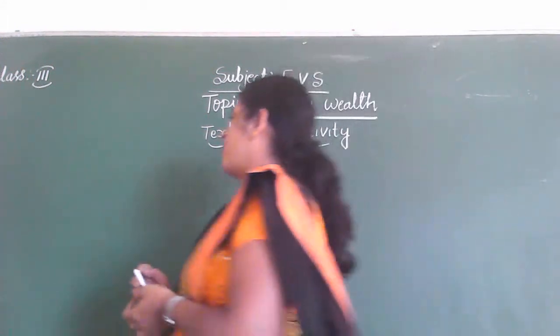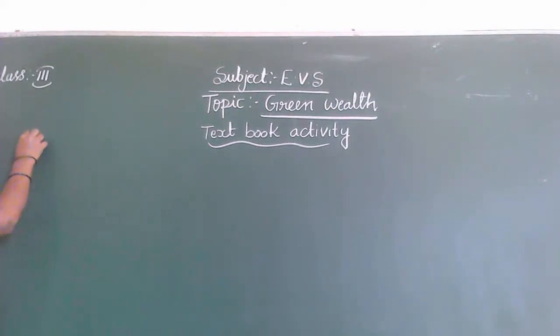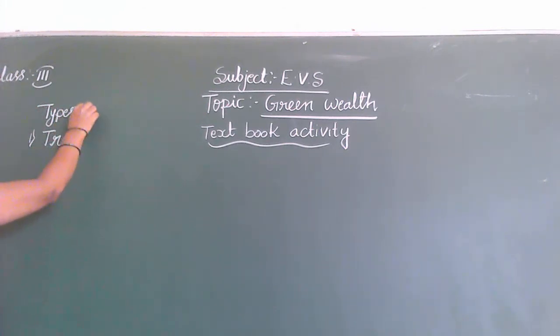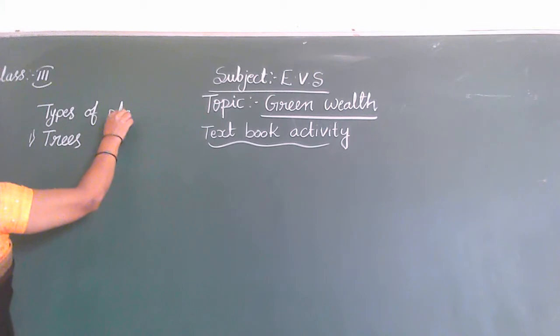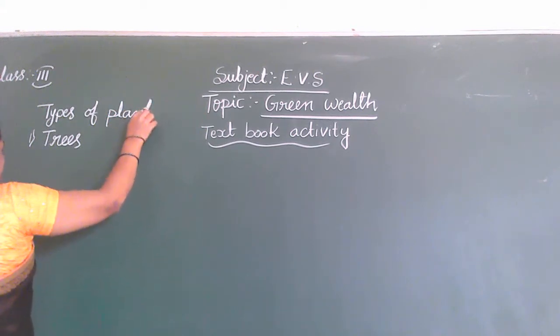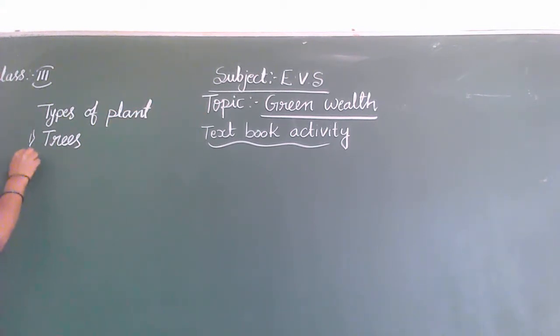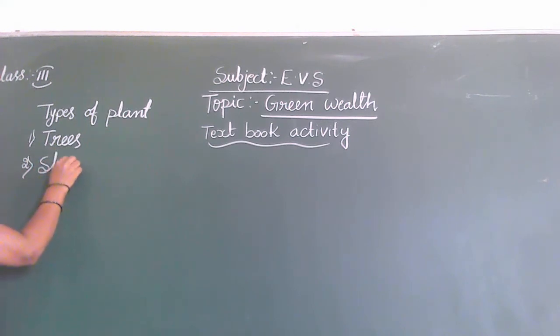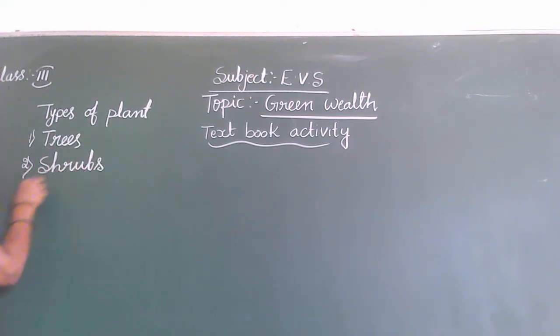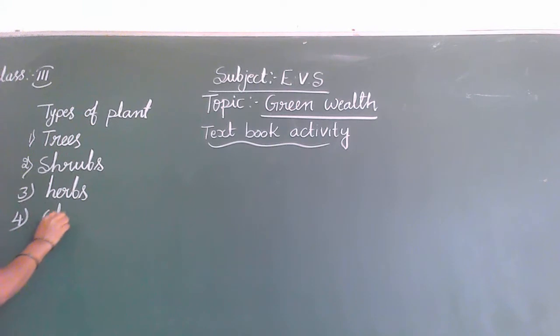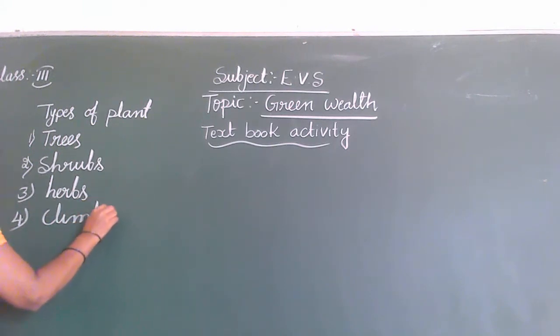Yes, there are 5 types of plants: trees, shrubs, herbs, climbers, and last one, creepers.